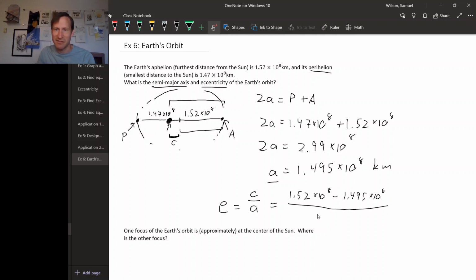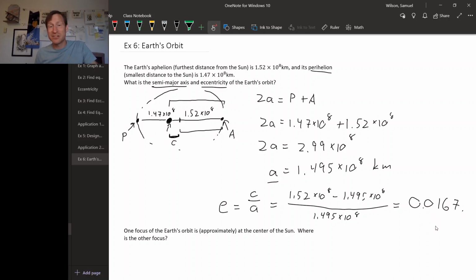Divide that by our semi-major axis, 1.495 times 10 to the 8th, and then we'll have our eccentricity. So 1.52 minus 1.495 is 0.025 divided by 1.495, and that gives us 0.0167. So pretty small eccentricity.